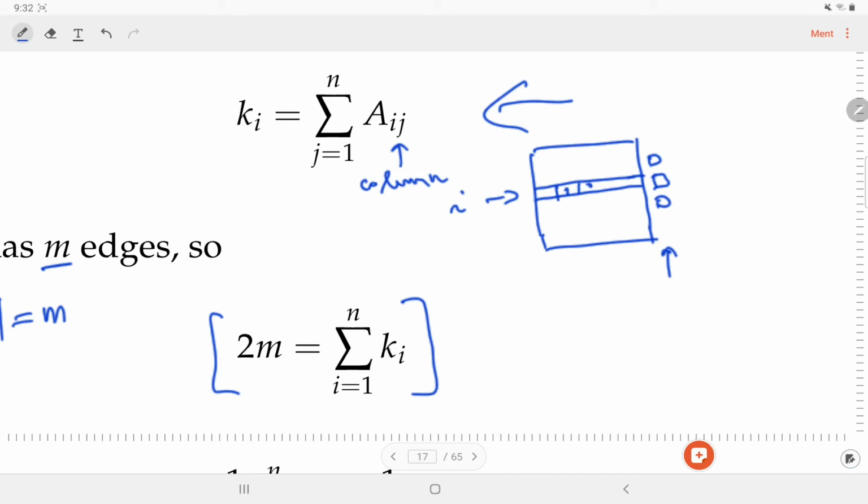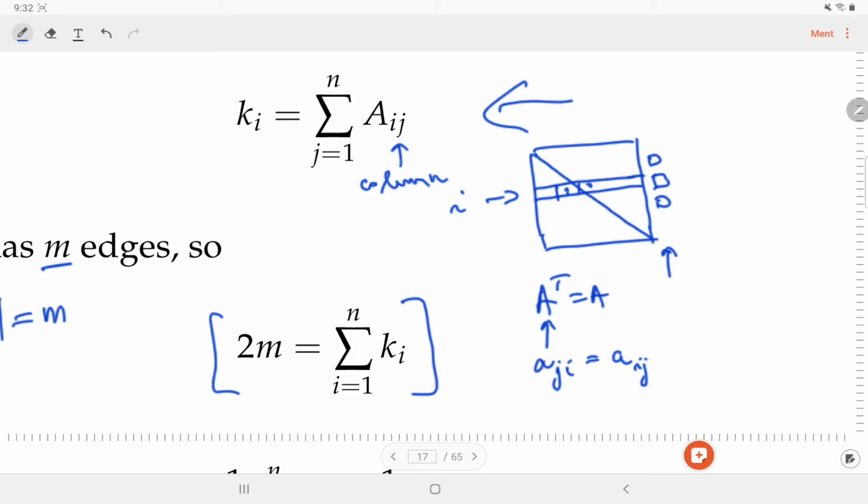Now please note that the matrix which we have, this matrix A, is symmetric, which means that the transpose of it is equal to the matrix itself. The transpose can be obtained by just, in A transpose, the element A_ji is equal to A_ij.